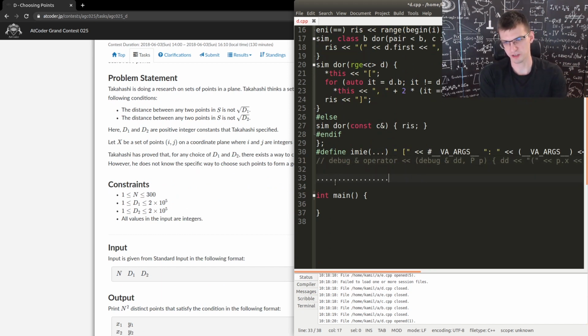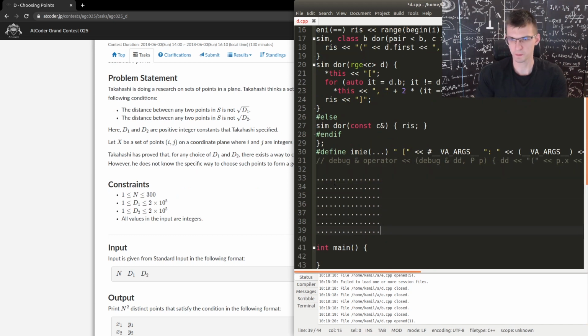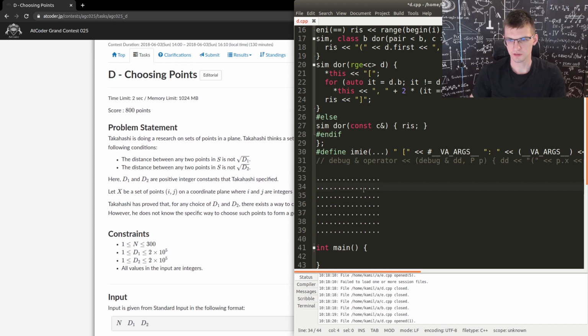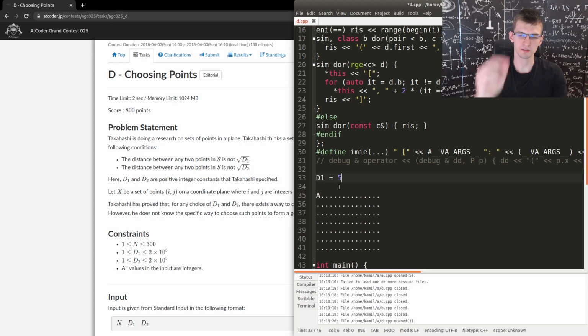There is a big grid. If I choose this point and D1, let's say, is 5, then this corresponds to a move by a chess knight, where those two cells become forbidden.